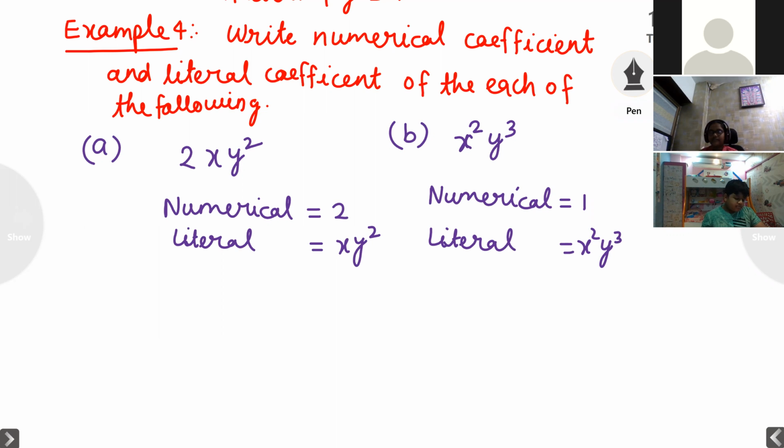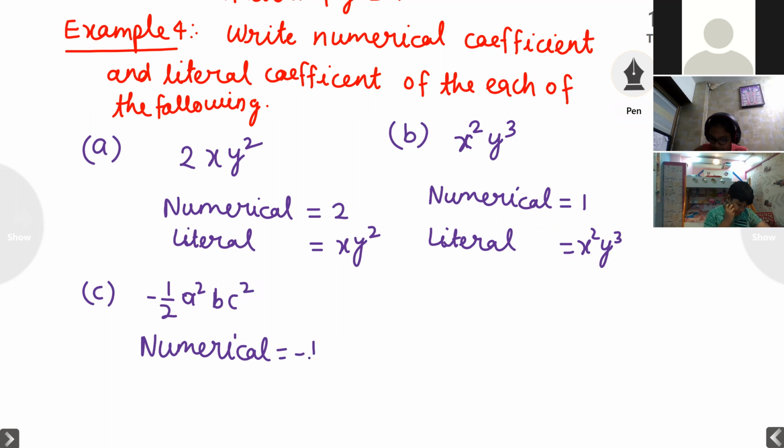C question, minus 1 by 2 a square b c square. Tell me what is numerical here? Minus 1 by 2 is the numerical. Numerical equals minus 1 by 2.